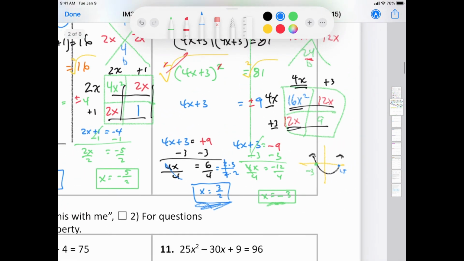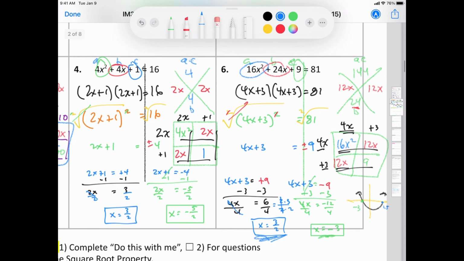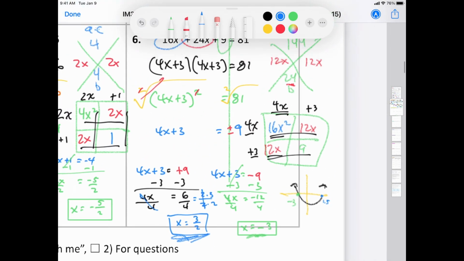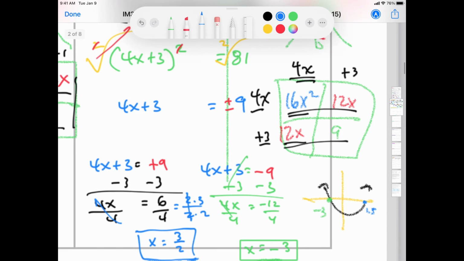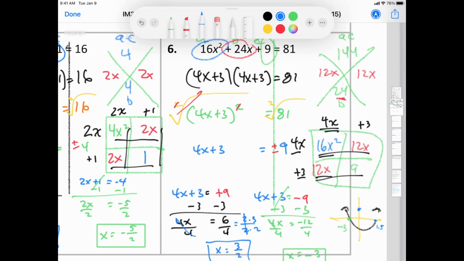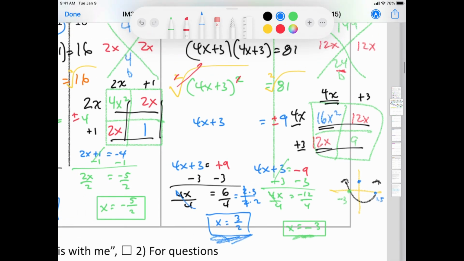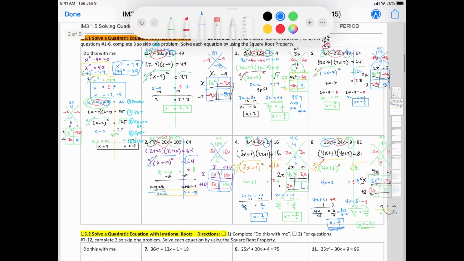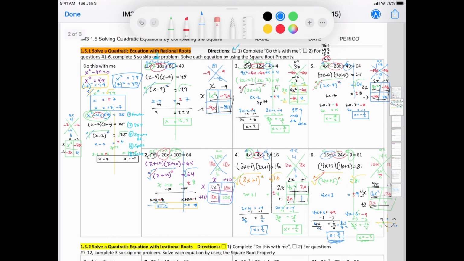My graph's wrong, but my C value is 9, which means the graph should have, how's that possible? I don't know, but that should have been your y-intercept of a positive 9. But that's solving. We'll see you guys later.